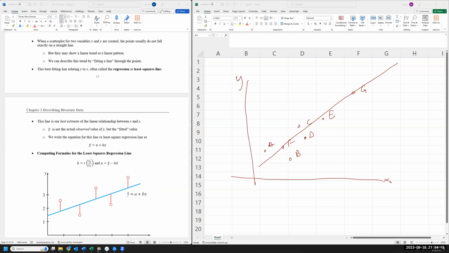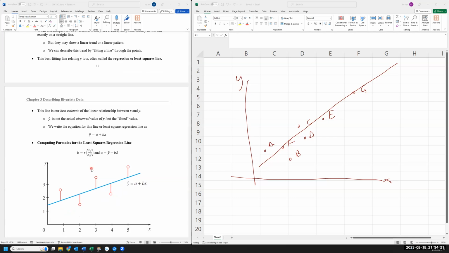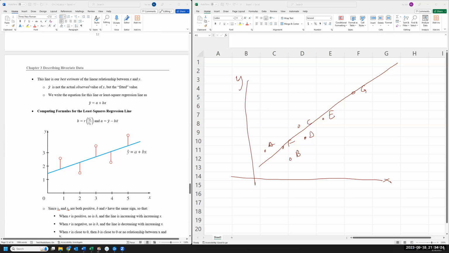If we have some value of x, let's say right here, we have some value of x right here. Okay. So x is, I don't know, 0.7. This is the point that we're going to have y right here. It's going to be 2.5.